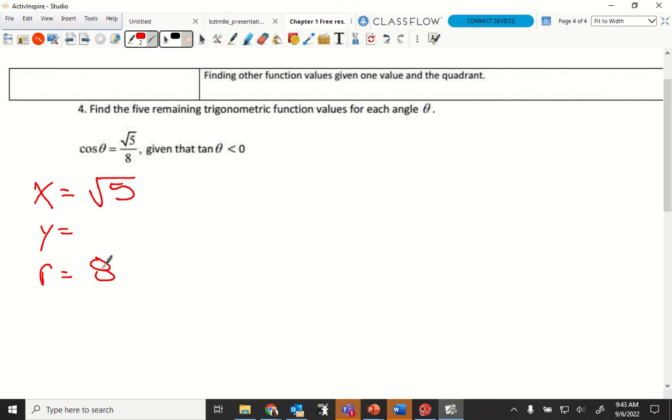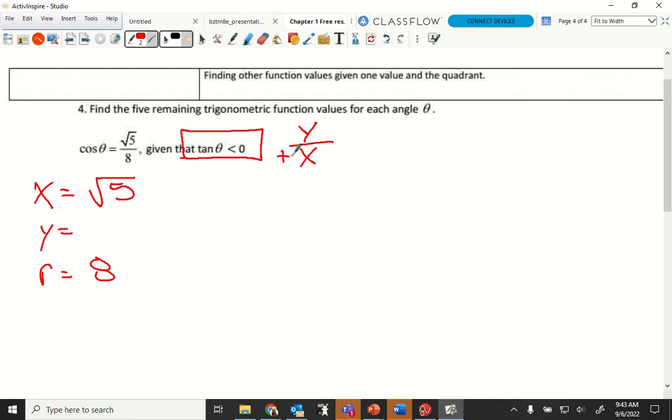And given that tangent is going to be less than 0, what numbers are less than 0? Negative numbers. And we know tangent is y over x. Right now, my x value is positive.